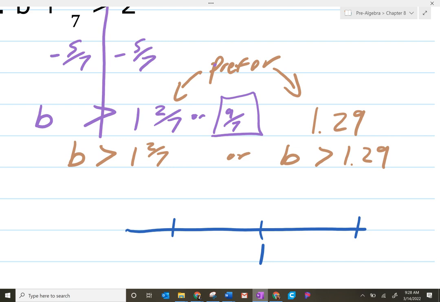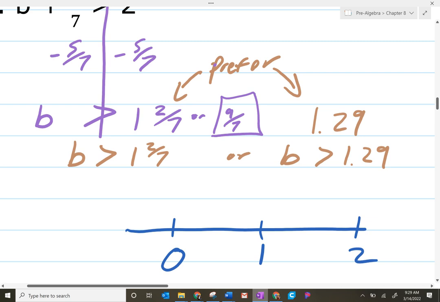If you went 1.1, 1.2, 1.3, that works as well. So if I have 1 here, 2 is going to be here. 0 will be down there. 1.29 is going to be about here on this number line.